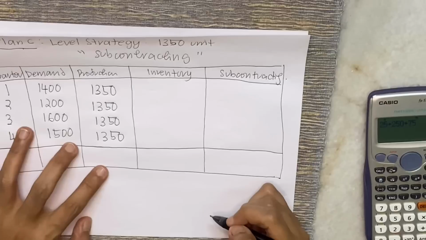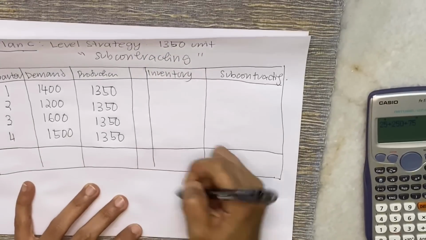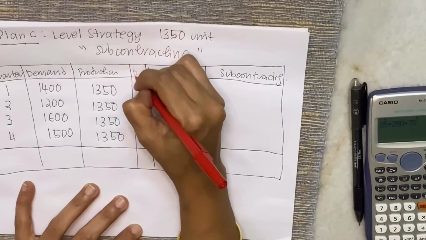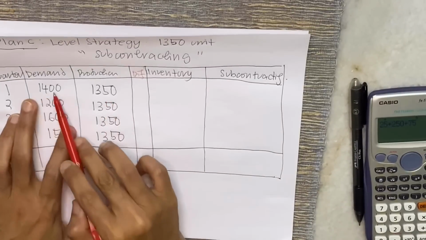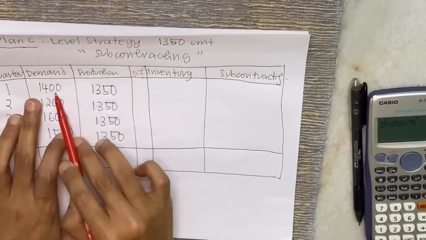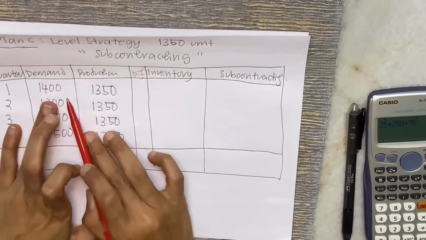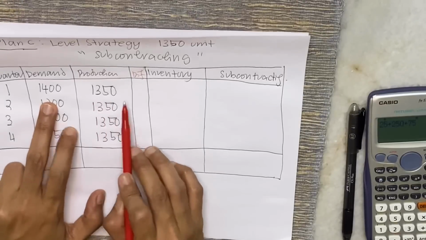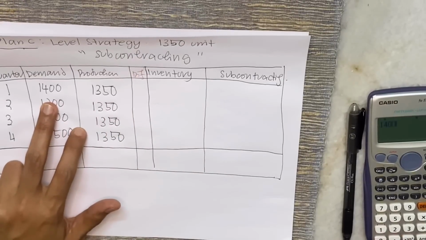So now class, tengok. Okay, I forgot one thing. Ya Allah, the difference. Dia ada difference ni. The difference between production and the demand. Now, compare 1400 dengan 1350. There is the difference of 1400 minus 1350.